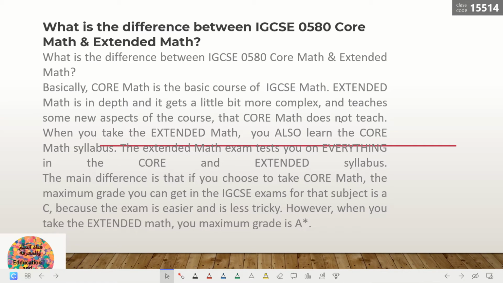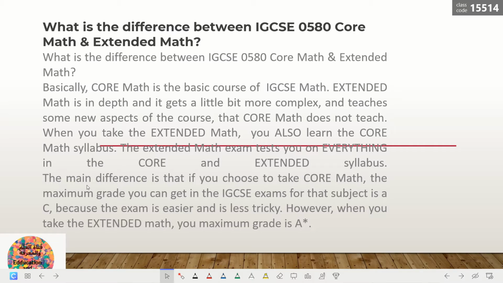The core math does not teach those. When you take the extended math, you also learn the core math syllabus. The extended math exam tests you on everything in the core and extended syllabus.